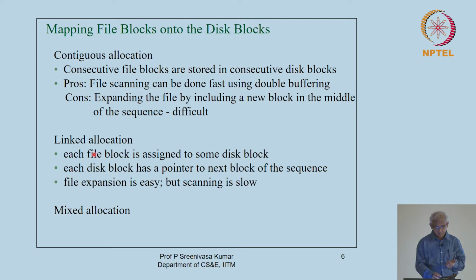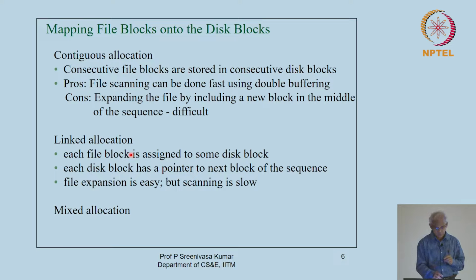Okay. Then on the other extreme of the spectrum, we have linked allocation, where each of the file blocks is stored on some random disk block, and in order to find out where the next file block is lying, from each of those disk blocks we will have a pointer to the block where the next file block can be found.